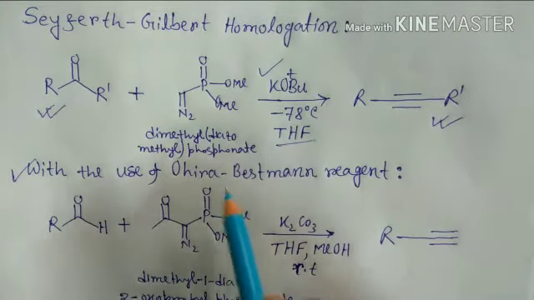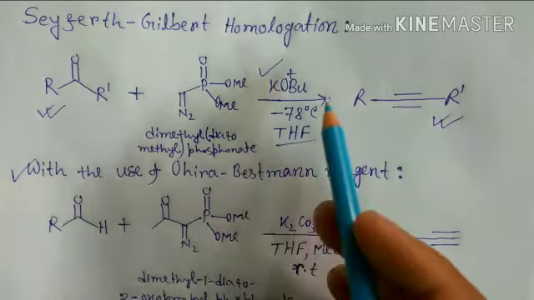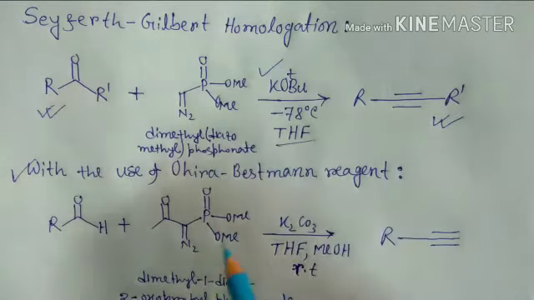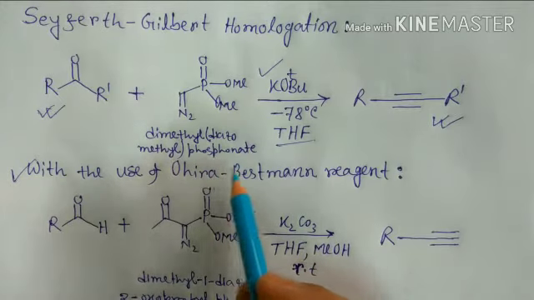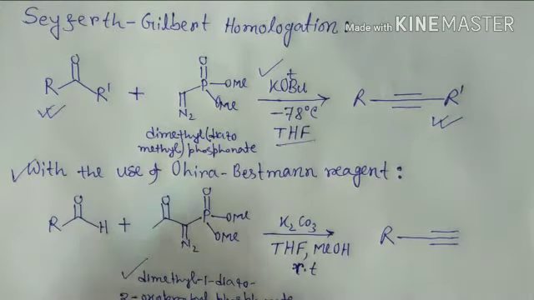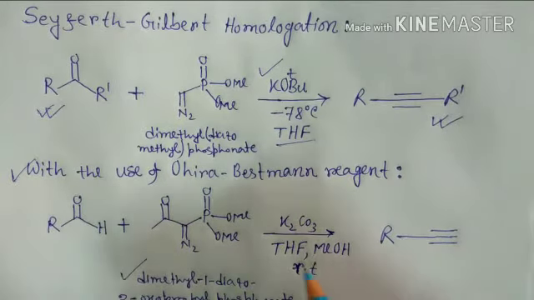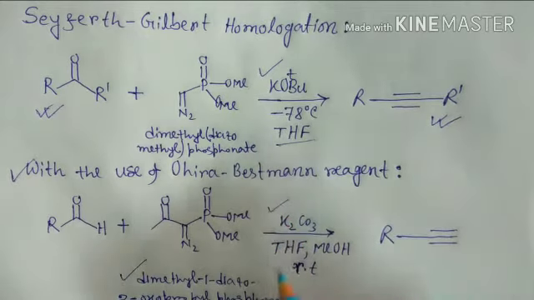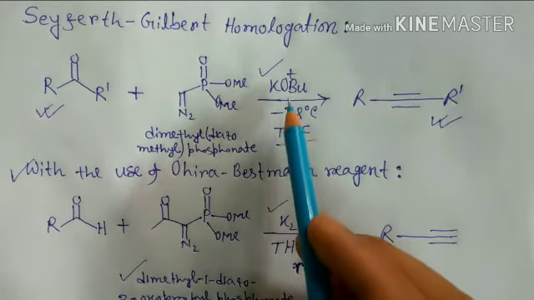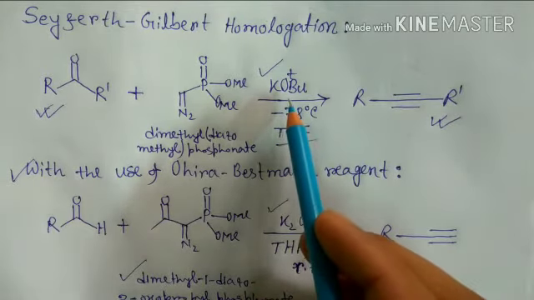The Ohira-Bestmann reagent is used the same way as for the Seyferth-Gilbert homologation, but in this case, instead of dimethyl diazomethyl phosphonate, they use dimethyl 1-diazo-2-oxopropyl phosphonate. And by using this they can do the reaction under mild conditions like potassium carbonate base. They didn't need this strong tert-butoxide base.